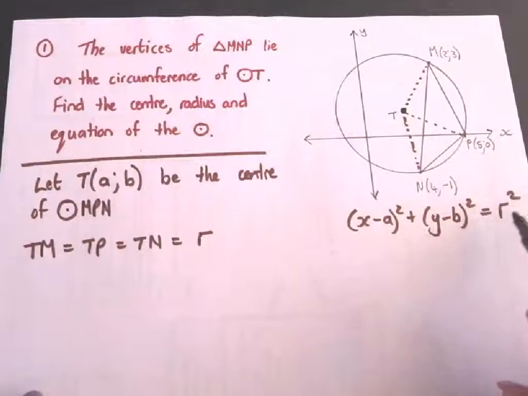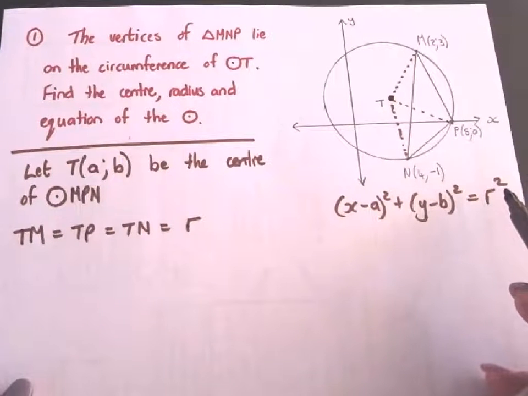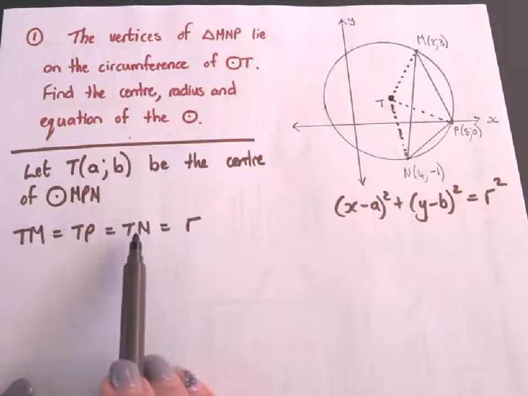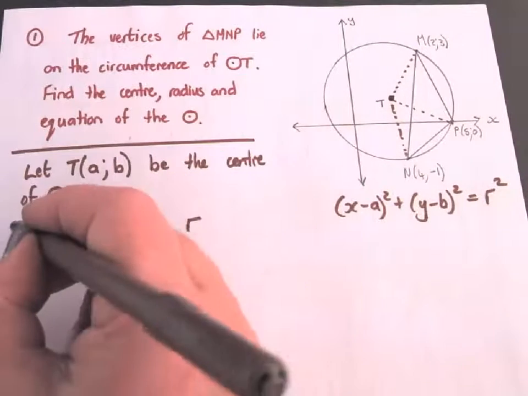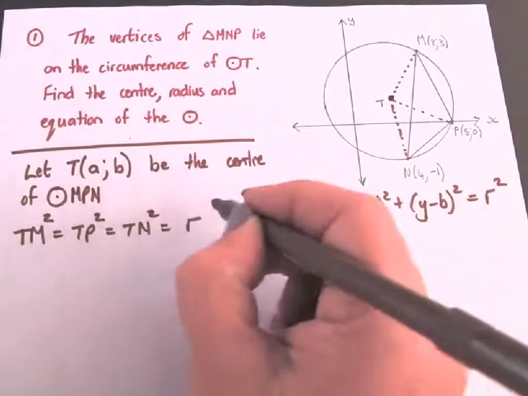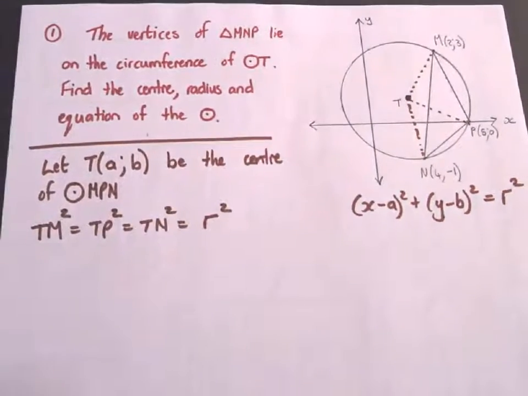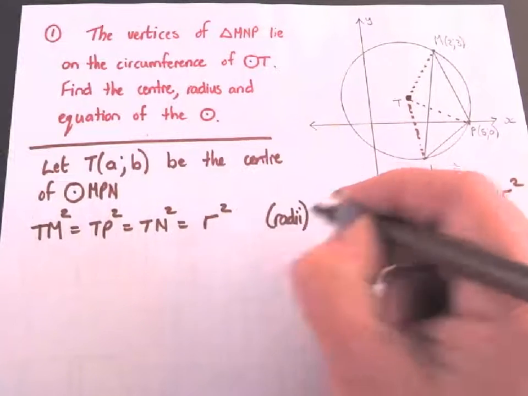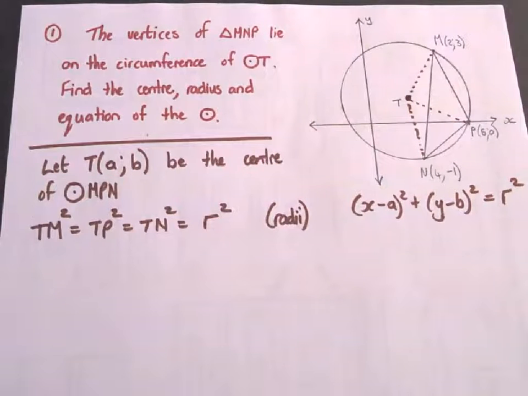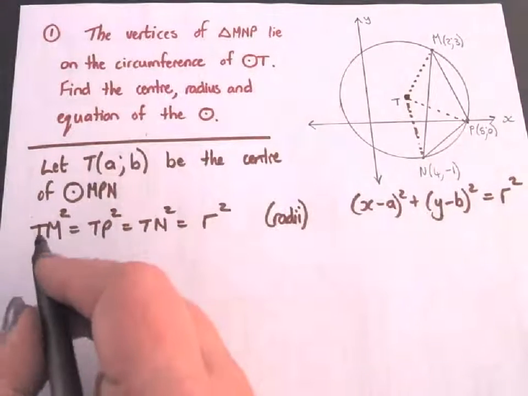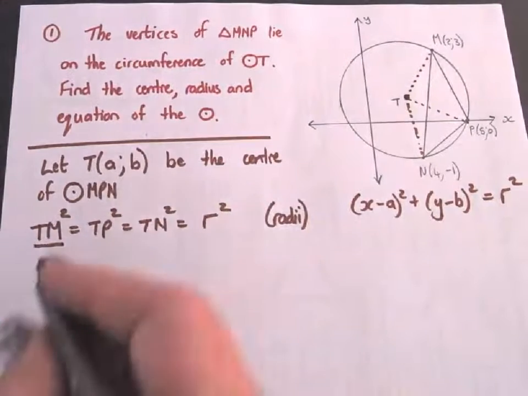In our equation, we need radius squared. So we need Tm squared, Tp squared, Tn squared, and r squared. So let's write it. Tm squared, Tp squared, Tn squared, and r squared. That will also be true because we have radii. So let's start with Tm squared.